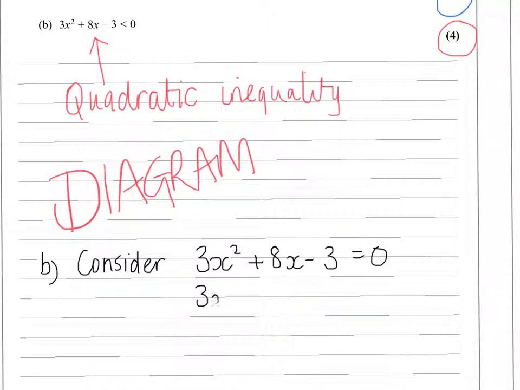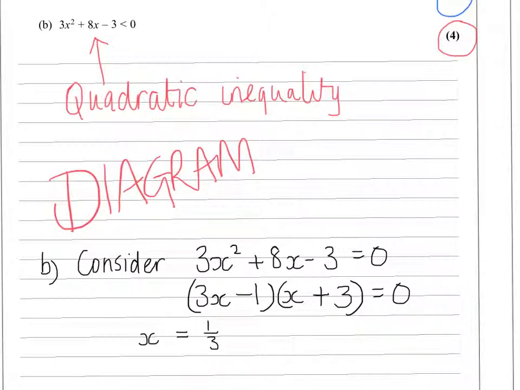We factorise it, and notice the 3 and the 3 at the end, prime numbers, so we don't get much choice here. It's just where the 3 and the 1 are going to go. So I think the 3's there and the 1's there. That will give me plus 9 minus 1. So our two values here, critical values, that's going to be a third and minus 3.